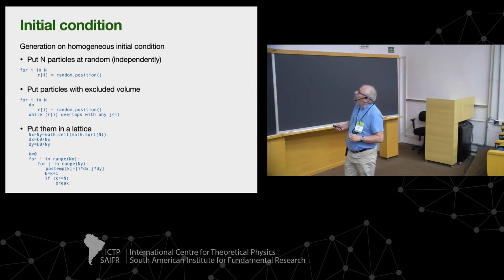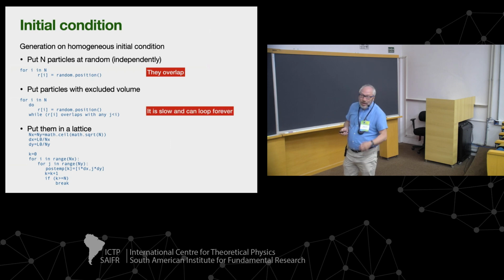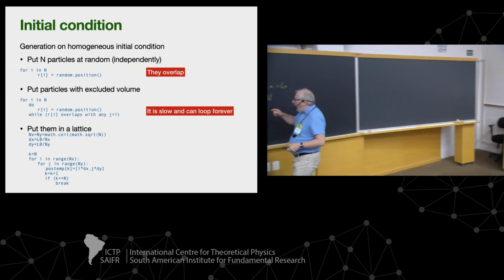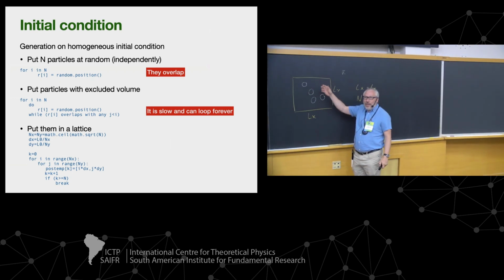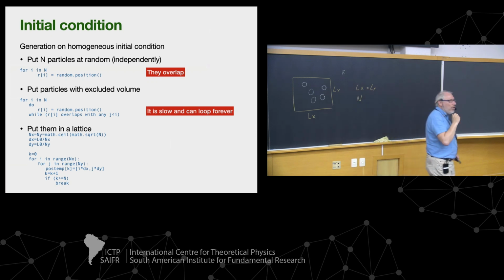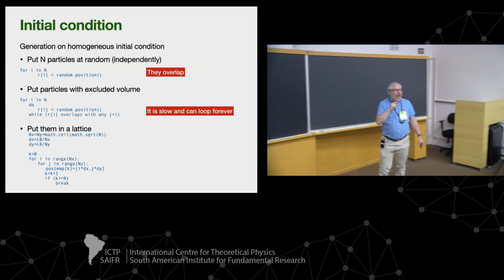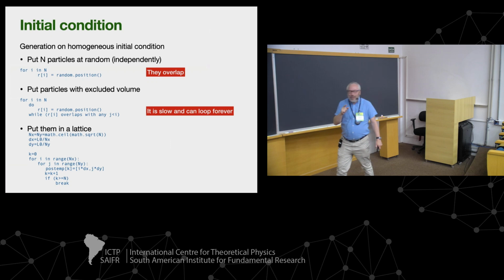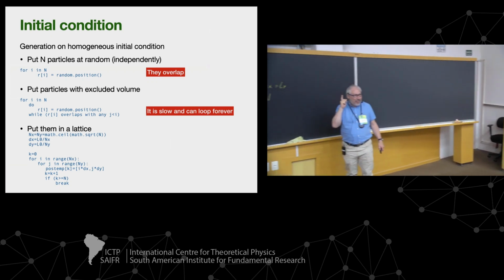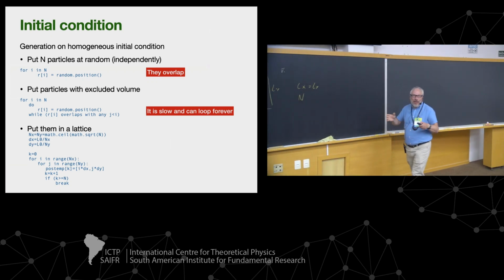So the first one, the problem is that they overlap. The second approach has the problem that it is slow. It is slow because for the last particles, you have to try many different positions to put the new one, and eventually you can never succeed. You can run literally forever.